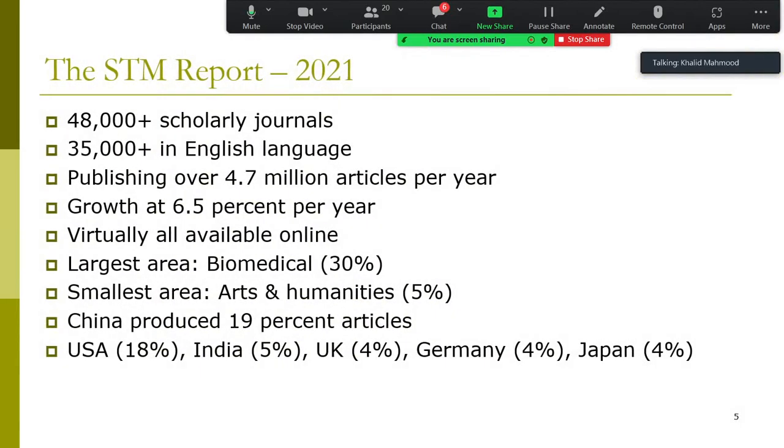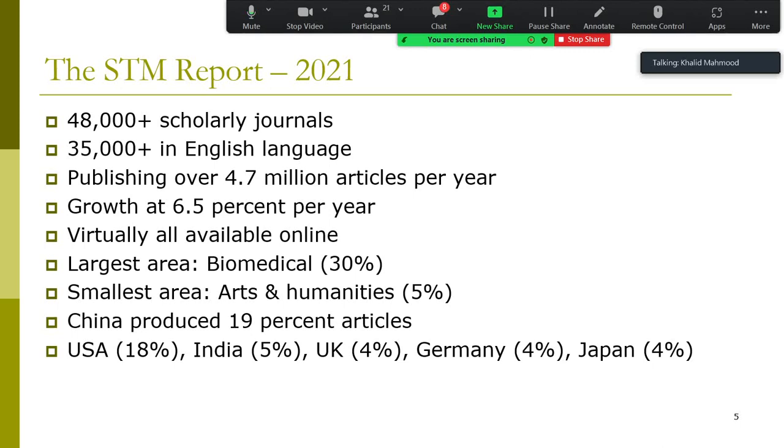So here is another list of journals. This is a report of STM 2021. It shows that there are more than 48,000 scholarly journals in the world, out of which 35,000 plus were in English, publishing over 4.7 million articles per year, and this growth rate is 6.5% per year.